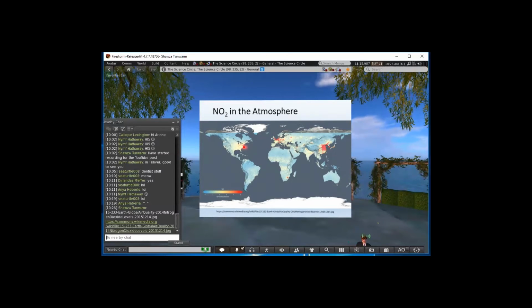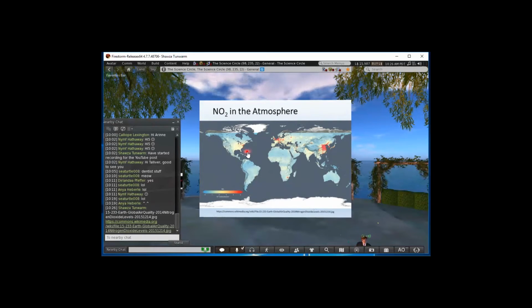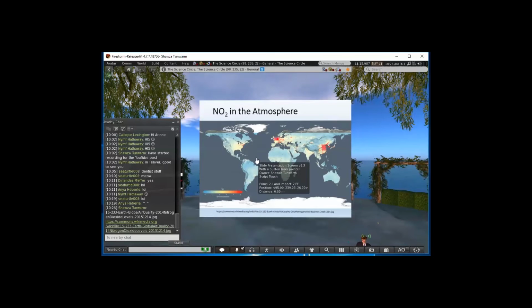The article it came from was very positive that in the United States, the nitrogen dioxide levels have actually decreased because of legislation passed in mid-2000s to control emissions. But you can see that there are plenty of places in the world where nitrogen dioxide and therefore smog is a problem.